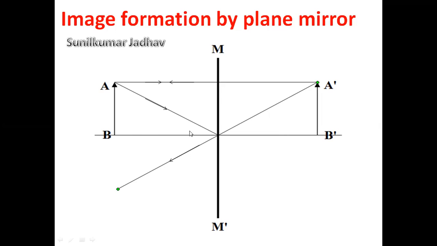So that indicates the object distance is equal to the image distance. If you go away again, the image will also go away. If you go 10 meter, the image will seem 10 meter away. But here you can see that the image seems to be inside the mirror, but you cannot catch it on the screen.